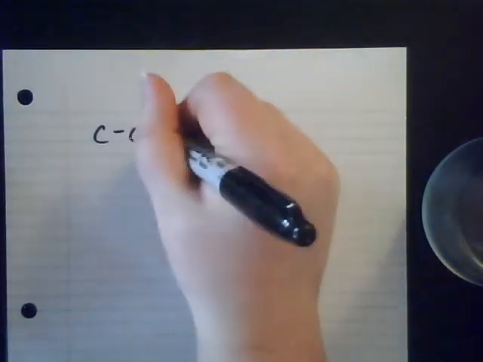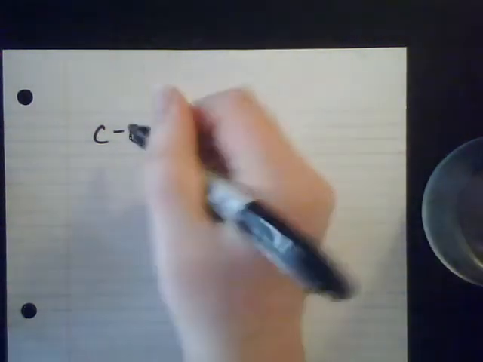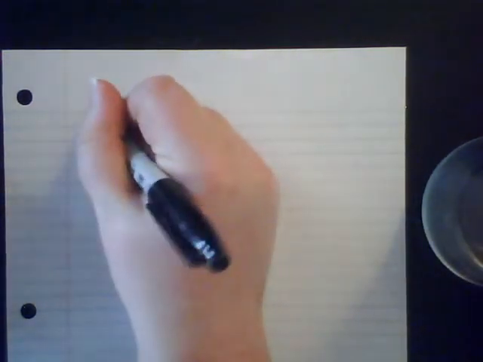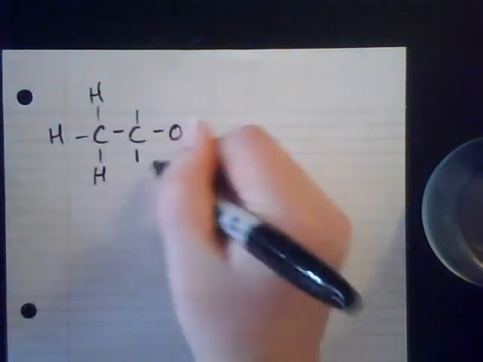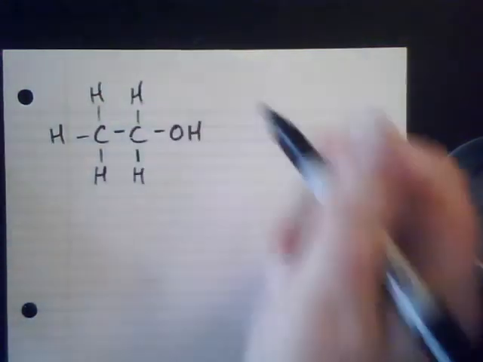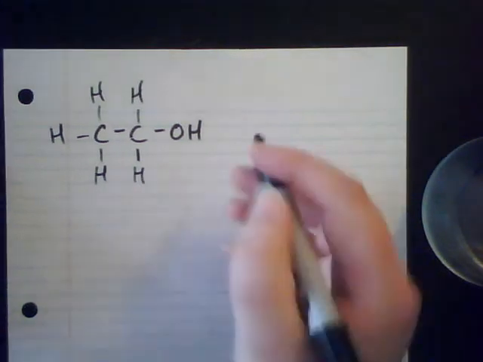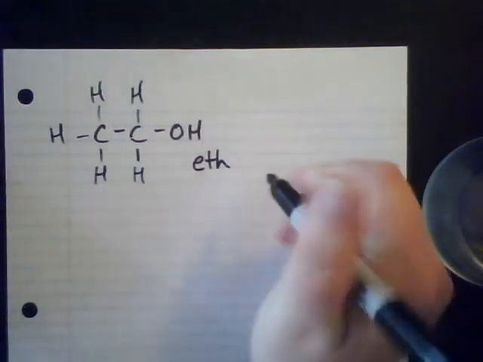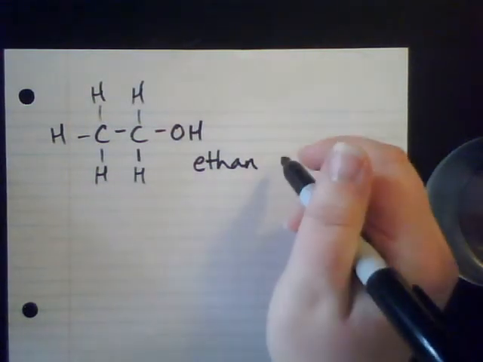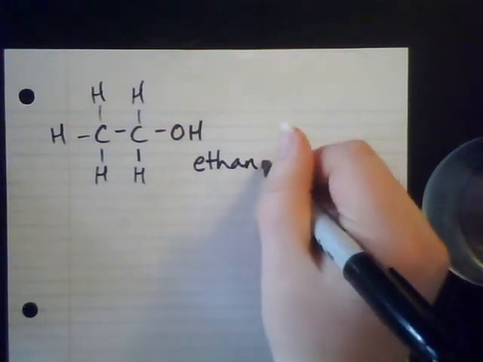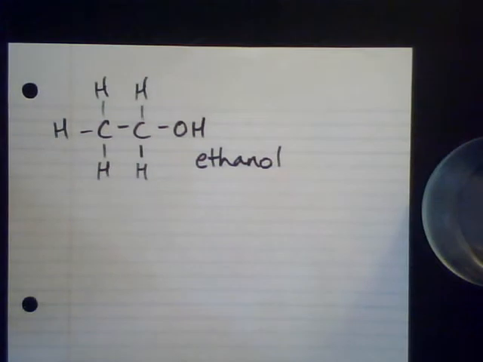So here's our 2 carbons. If I put an OH group off, and I'm going to do this as the structural formula, so I'm showing my bonding, except on my functional group. Then the 2 carbons means that my prefix is eth. It's ethane because it's all individual carbons, single bonds to my carbons, and then it's got an alcohol group, ethanol.